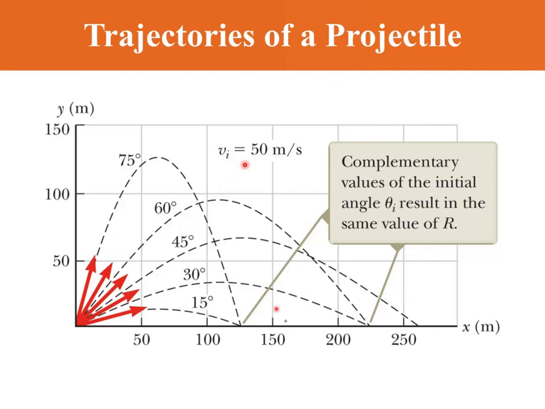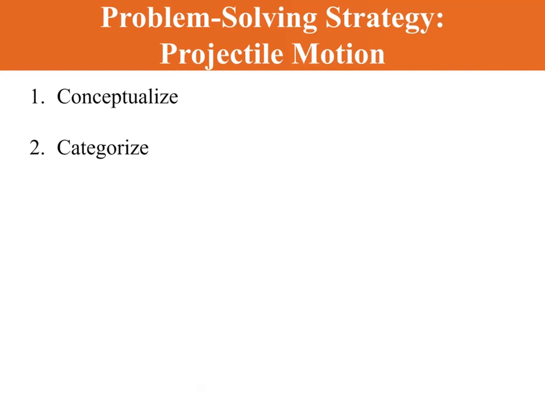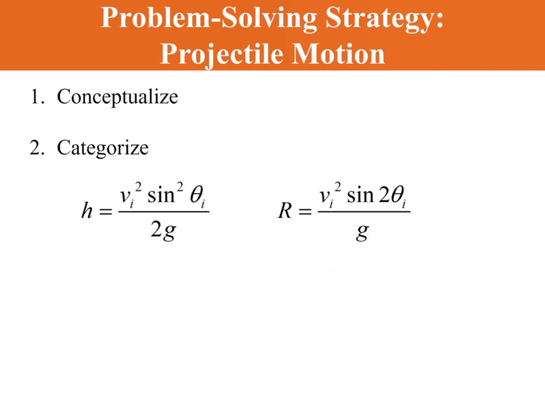So to solve problems on projectile motion, usually when you read the question, you have to conceptualize it, whether it is a full projectile motion or maybe half projectile motion. Then look at the question and check whether it is asking for maximum height or maximum range.